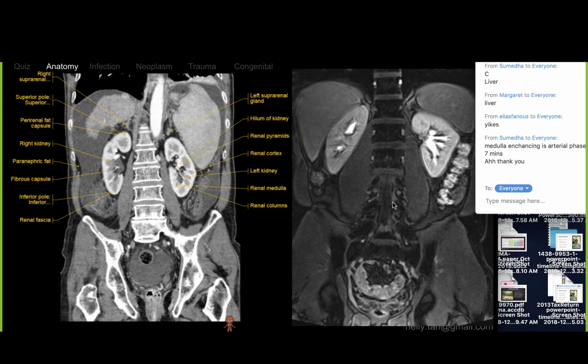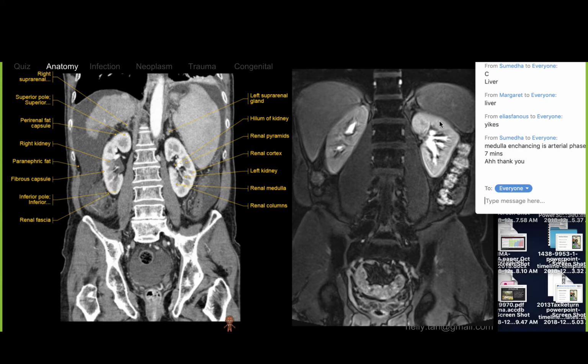So the way we acquire a urogram is exactly like that. We actually do a split bolus. We give one bolus of contrast, half amount, and then after 2 minutes, we give another dose through the IV.